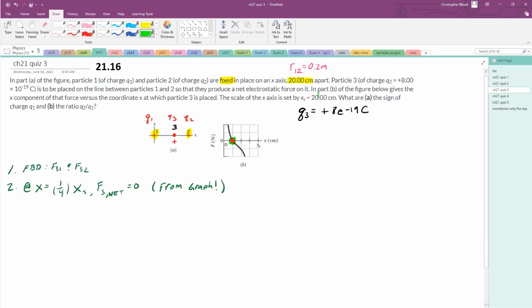And let's just make sure I'm looking at this graph the right way. The figure below gives the x component of that force versus the coordinate x at which particle 3 is located. All right. So that's it. So I'll add this.